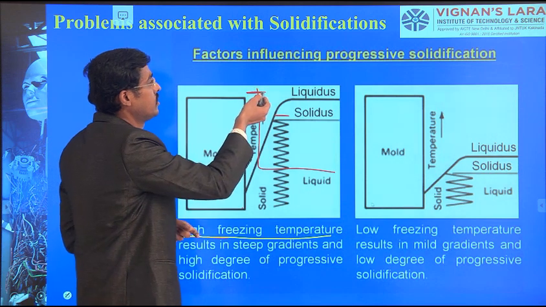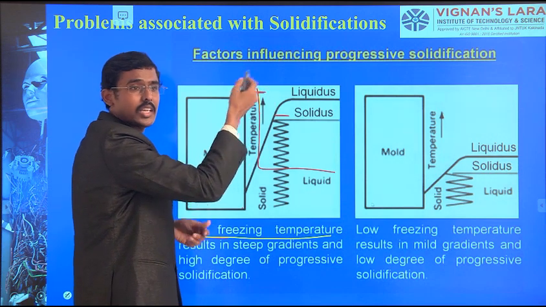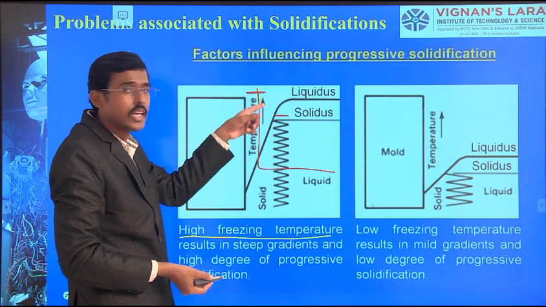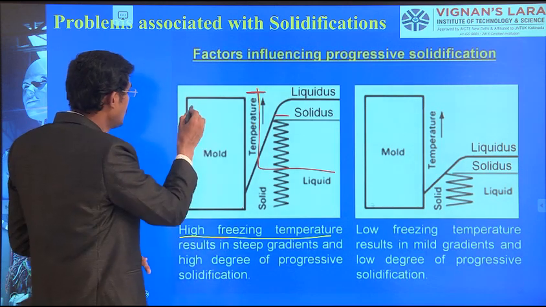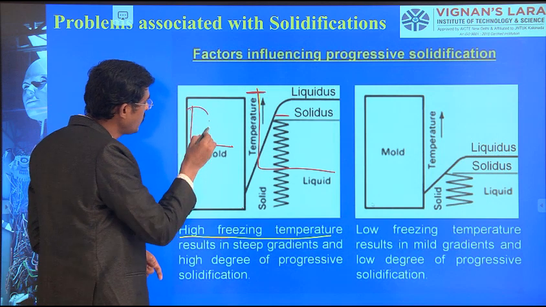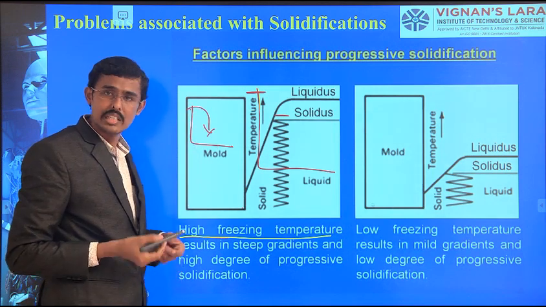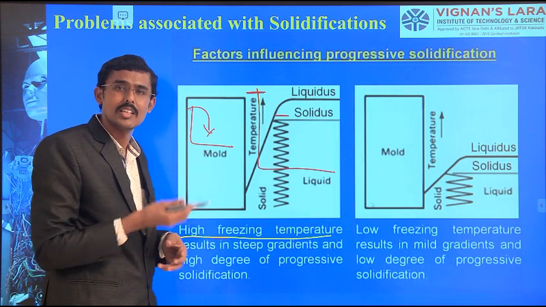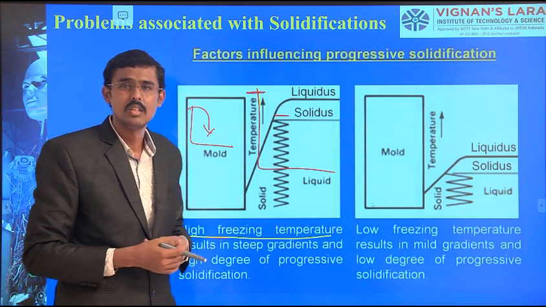At a range of 1500, the temperature gradient between the environment or atmospheric temperature is very high. It should come from high to low. Therefore, it acts as a progressive solidification. It finds an easy path to solidify.